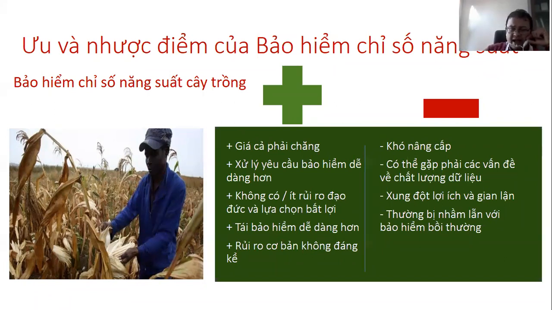As a result of the claims processing becoming much easier, and also the historical yield data might be easier to access rather than individual farmers' loss information, the product might become much cheaper compared to indemnity insurance products. So, these products might be more affordable for small scale farmers, and even for other farmers. It could be much easier for claims to be processed and verified.